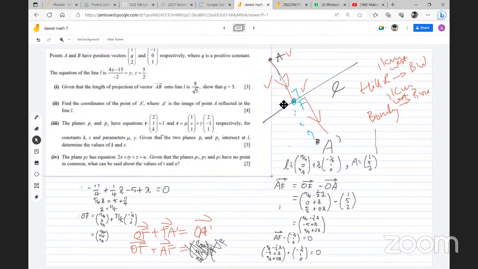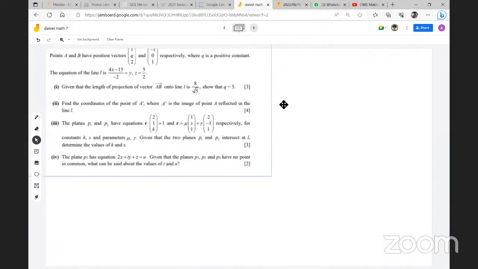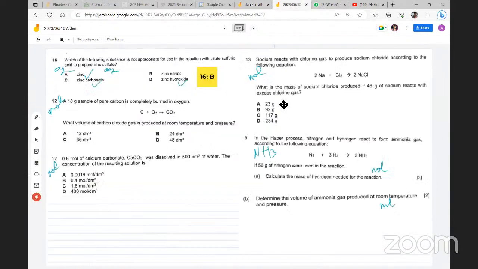I'm going to copy the next page. So do your part 3 and tell me whether you have a problem. Then I wish I could see your work. Okay, good.